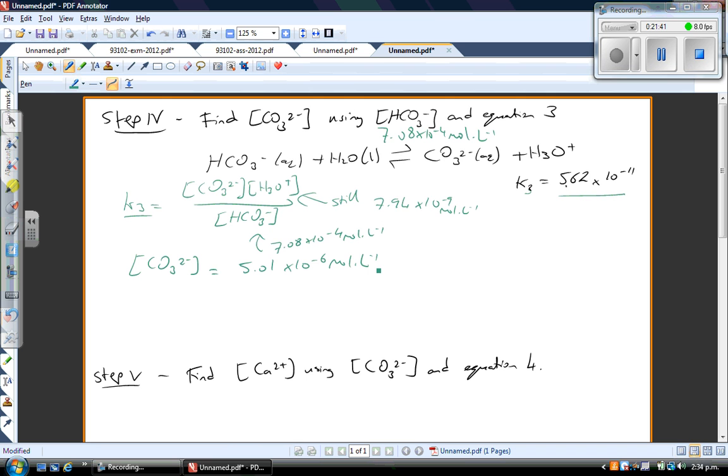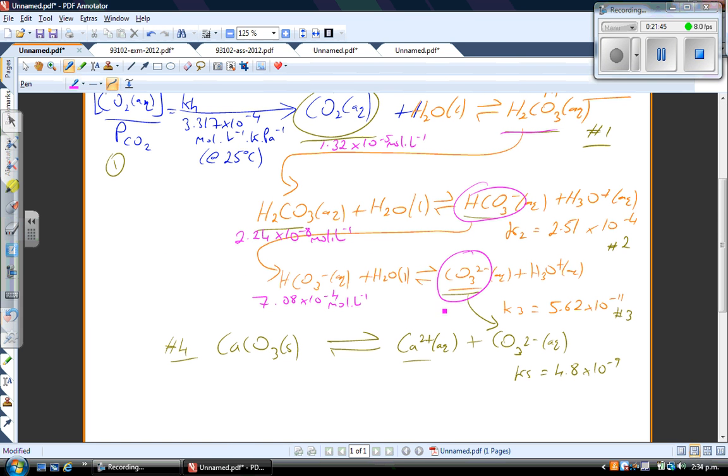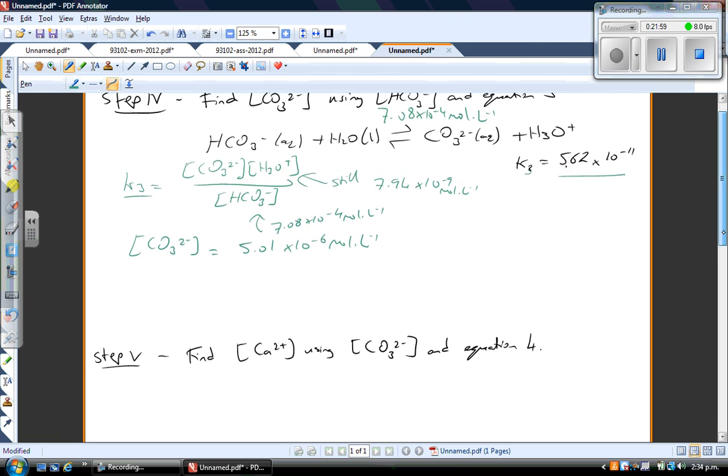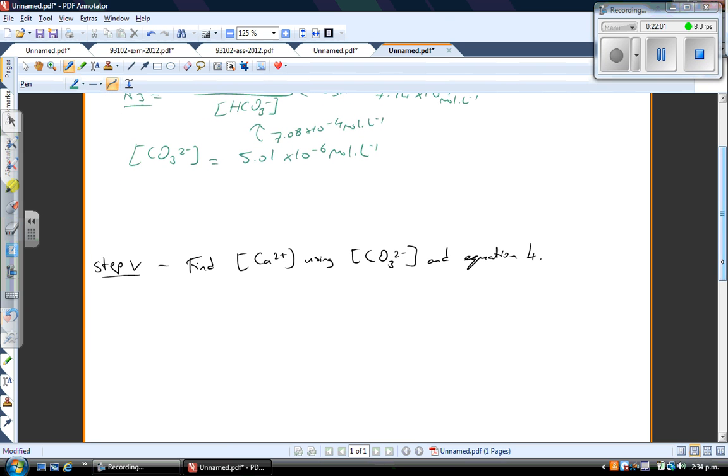So we're nearly there with the question. We add that to our page here. So our concentration of carbonate ions is 5.01 by 10 to the minus 6 moles per liter. And then the final step in the question, step number 5 here, find the concentration of calcium ions using your carbonate ion concentration and equation number 4.